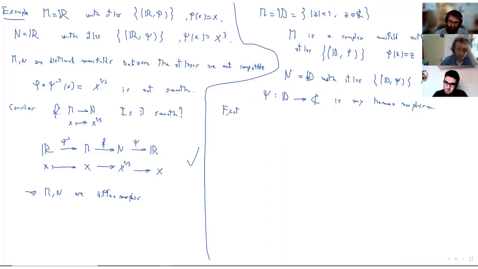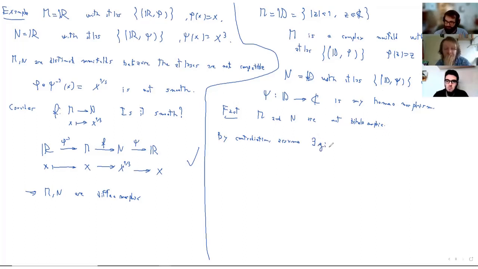And the fact is that M and N are not biholomorphic to each other. To prove it, by contradiction, assume that there exists a G from N to M biholomorphic. So we assume that this exists.